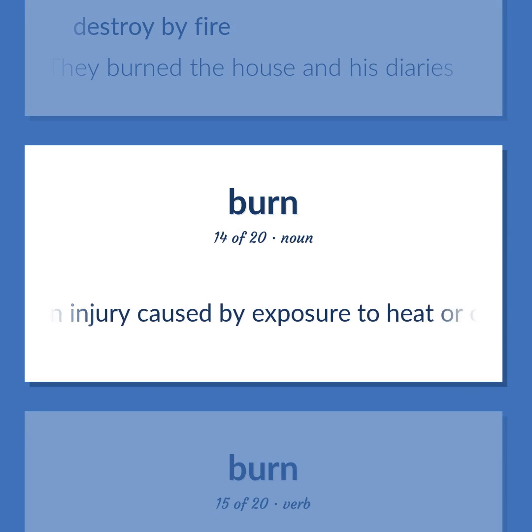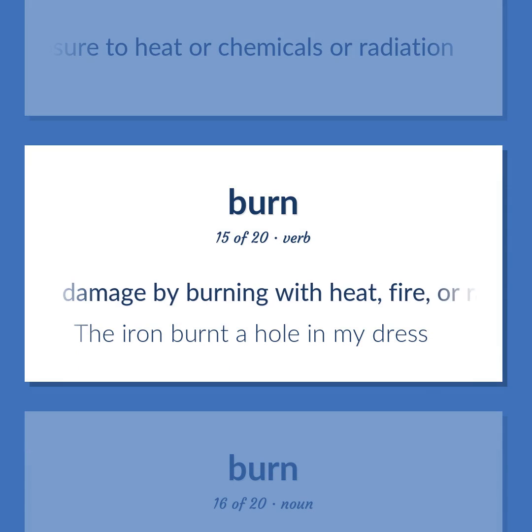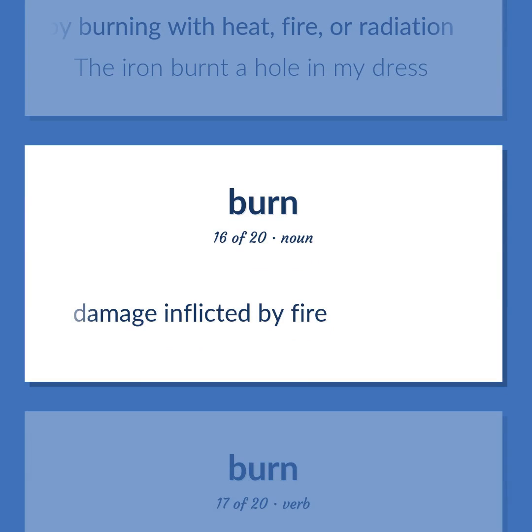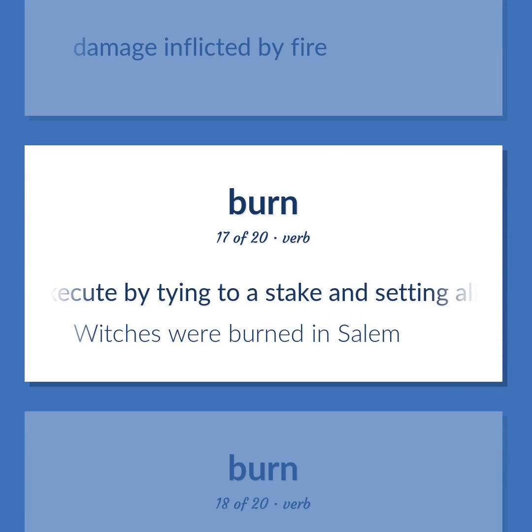An injury caused by exposure to heat or chemicals or radiation. Damage by burning with heat, fire, or radiation. The iron burnt a hole in my dress. Damage inflicted by fire. Execute by tying to a stake and setting alight. Witches were burned in Salem.